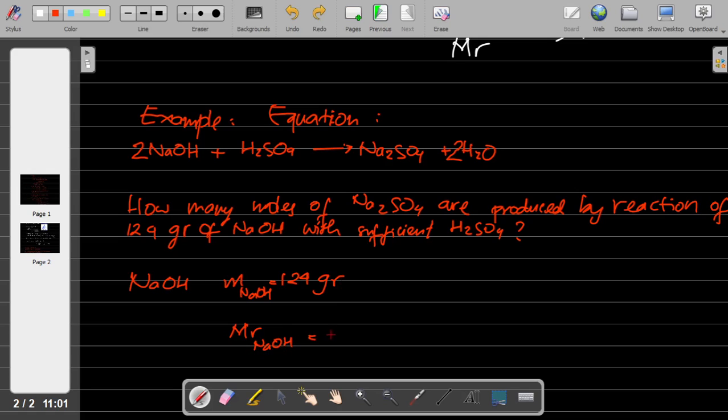NaOH consists of the molar mass of Na, plus the molar mass of O and the molar mass of H.